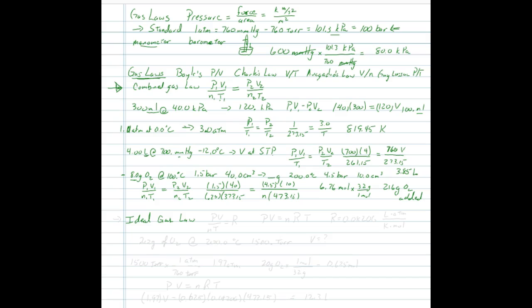The ideal gas law you use if you have one set of conditions. What it does is it uses a constant of proportion, PV over NT equals some constant. In algebra they use K, in math and chemistry we use R. Solve to get rid of the fraction. PV equals nRT.